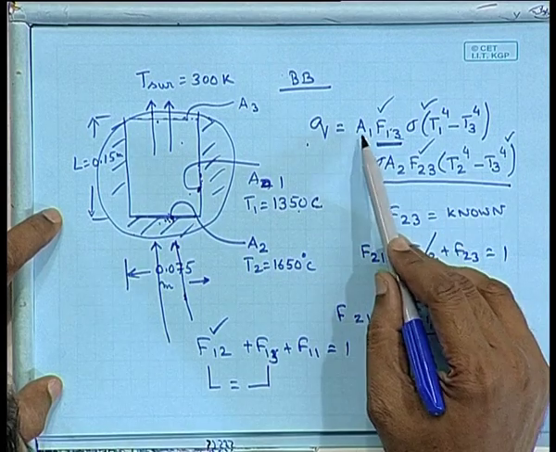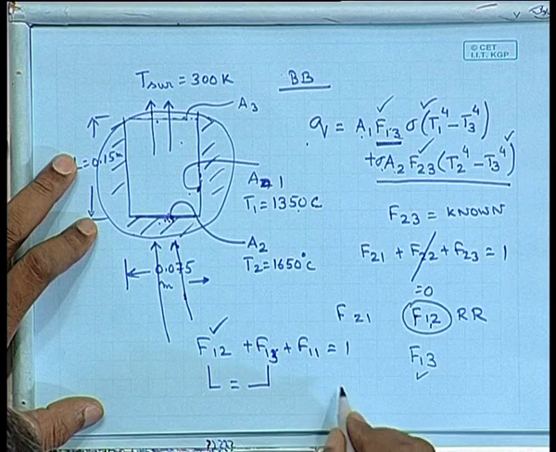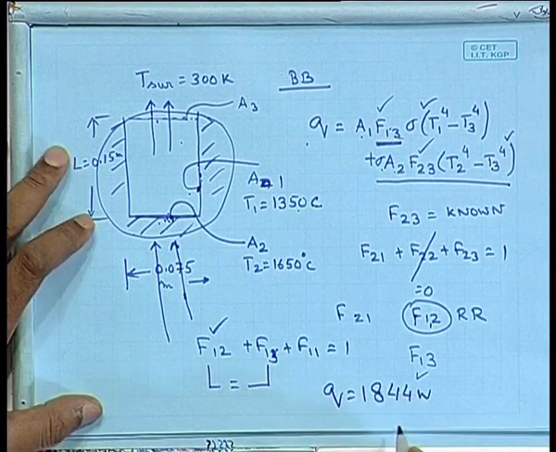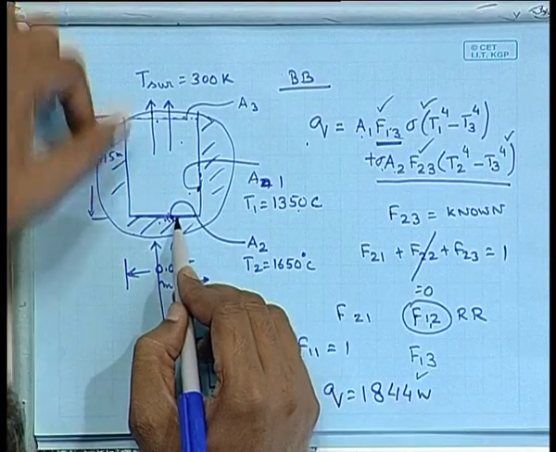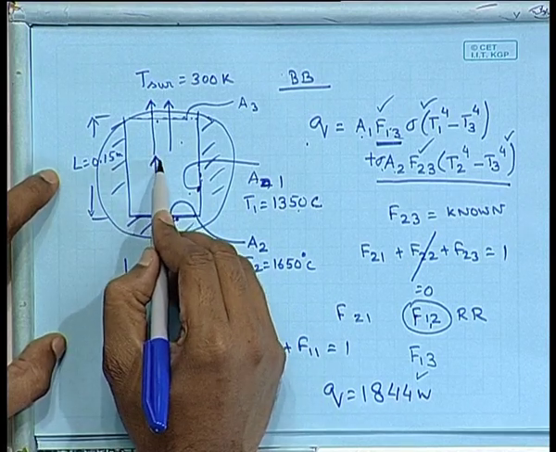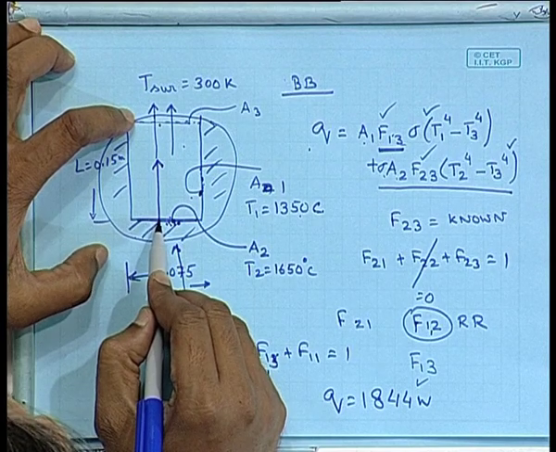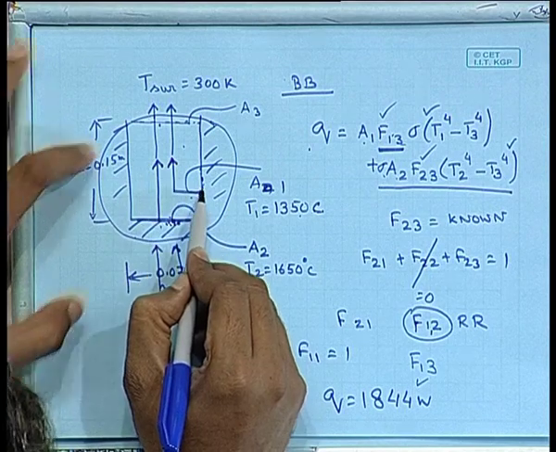So when you substitute the values of A1, A2, sigma, T1, etc., the value of Q would be equal to 1844 watt. So what we are seeing here is the interaction of these two surfaces with outside. Some energy is going to leave. I evaluate that energy using the relation for interaction between black bodies. Some amount of energy is going from 1 to 3.